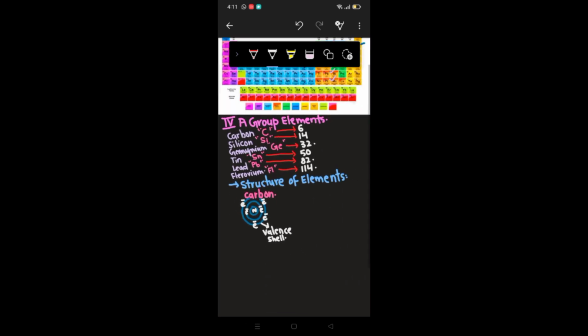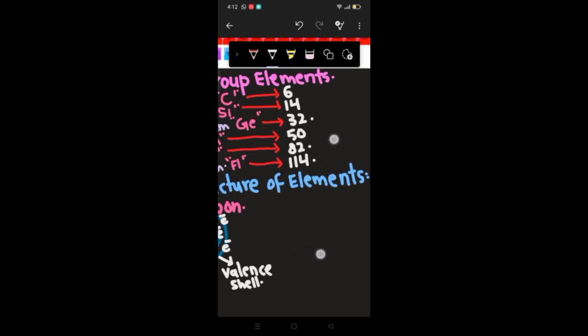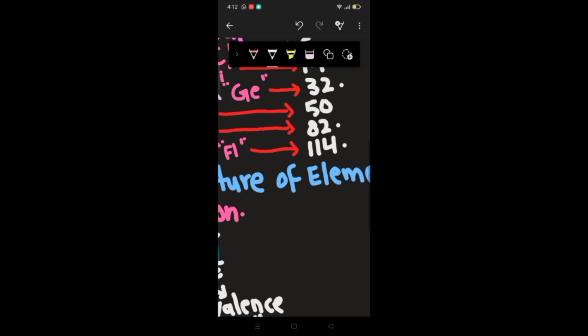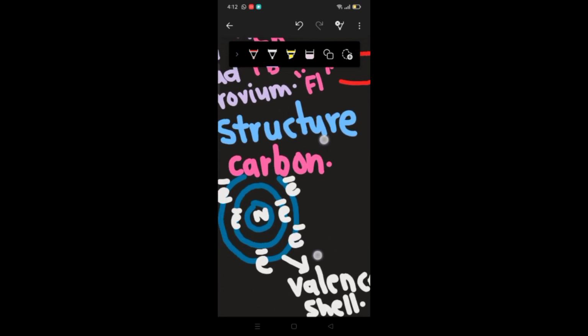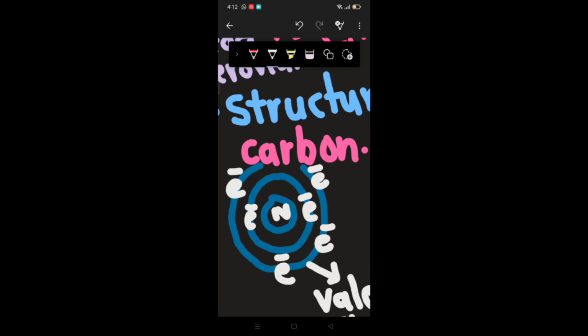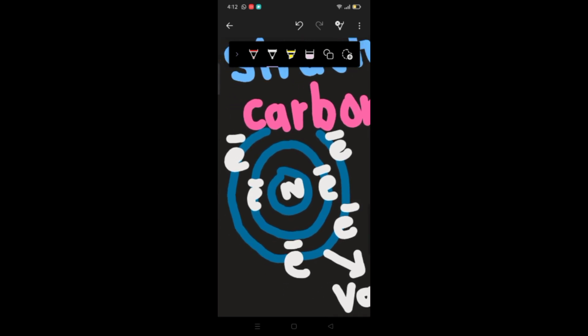Secondly, we are going with the structure of silicon now, and silicon has atomic number 14. Alright, so here I should tell you one more thing as well, the lone pair and the bond pair. Now let's see how many lone pairs or bond pairs it has.